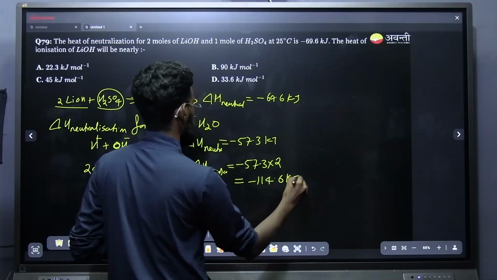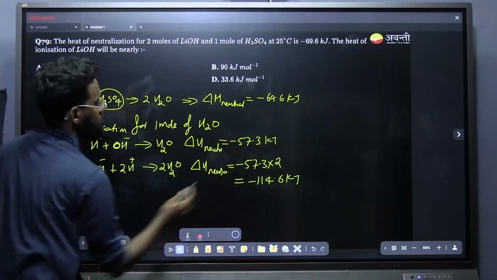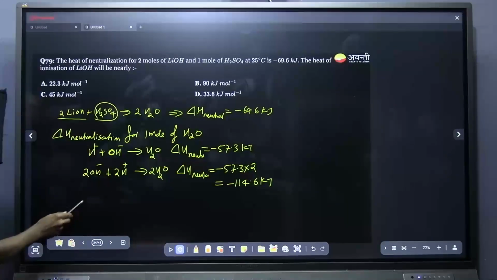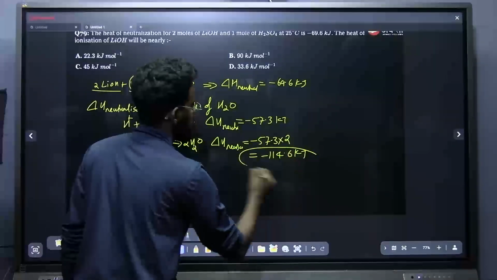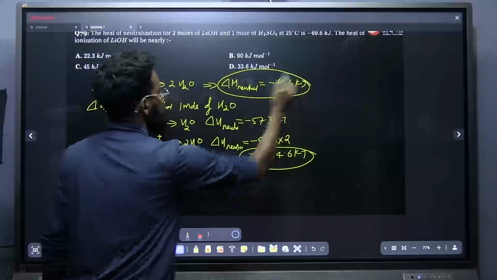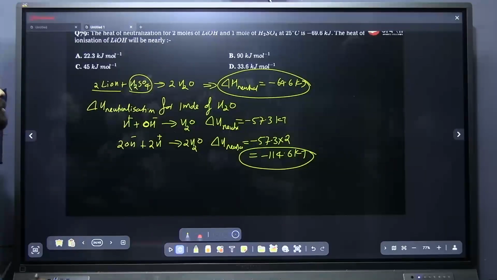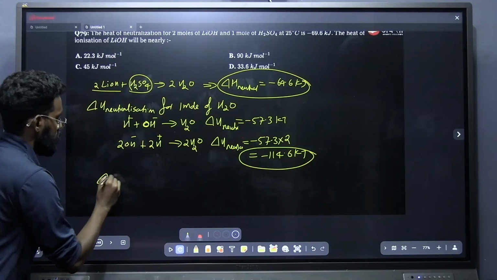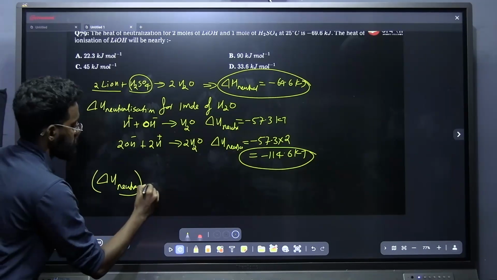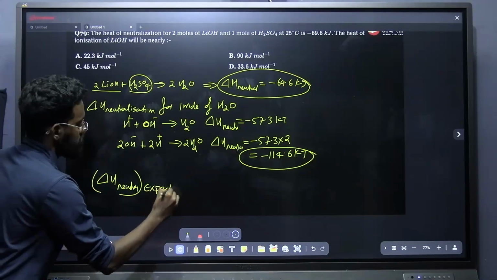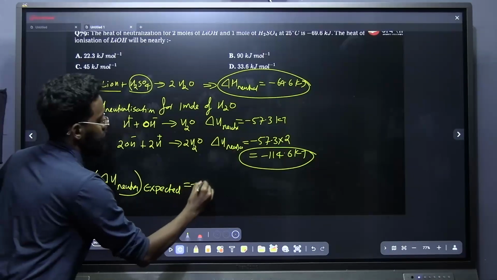This is the energy that we are expecting: delta H neutralization expected is equal to minus 114.